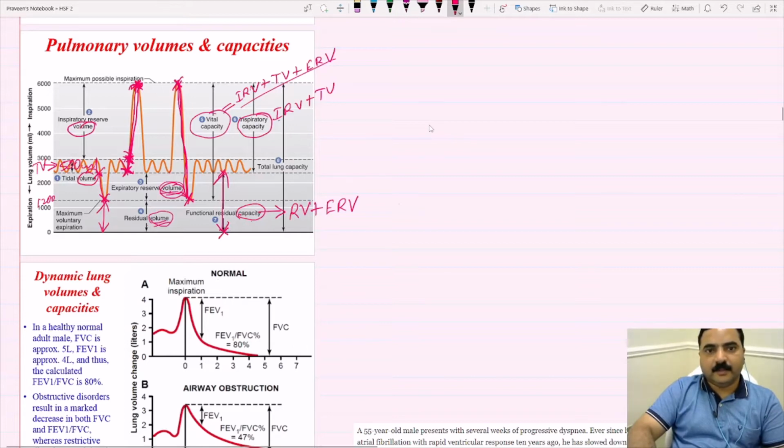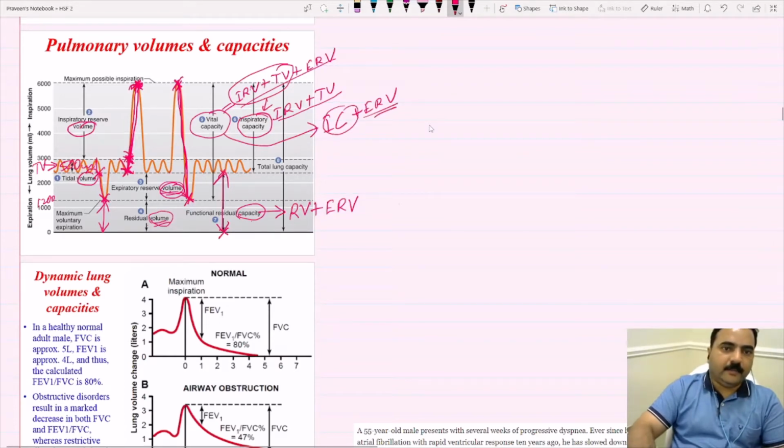Inspiratory capacity is the inspiratory reserve volume plus tidal volume. So vital capacity can also be calculated as inspiratory capacity plus expiratory reserve volume, because inspiratory reserve volume plus tidal volume is inspiratory capacity.